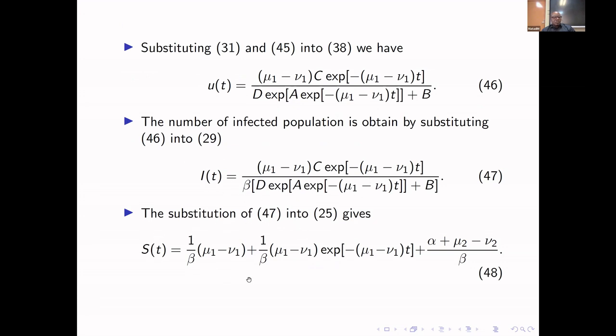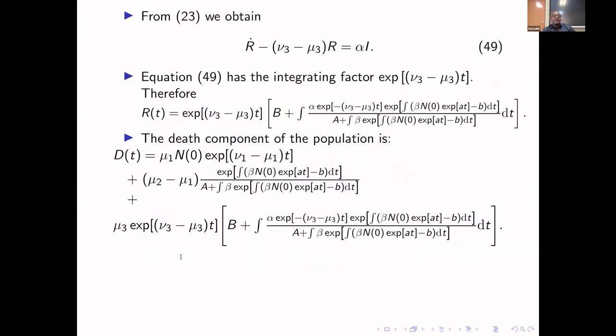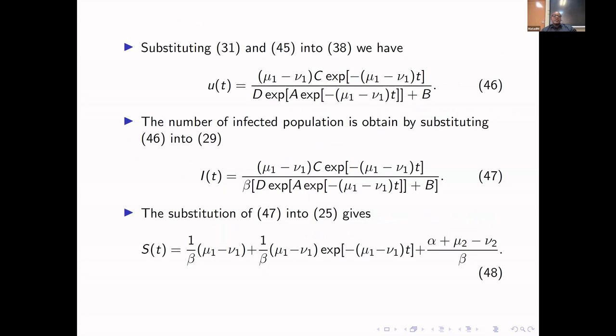We also did some substitution and found the number of susceptible population. And now we use our third equation, okay? Remember, we reduced the equation from four dimensions to two dimensions, with one second order equation, which led us to find the number of infected and the number of susceptible.